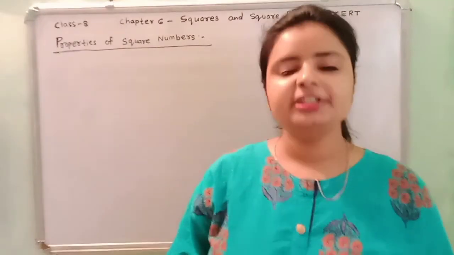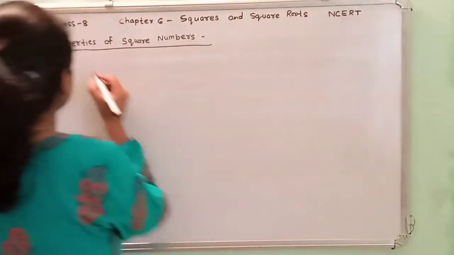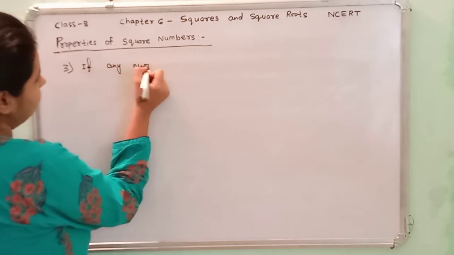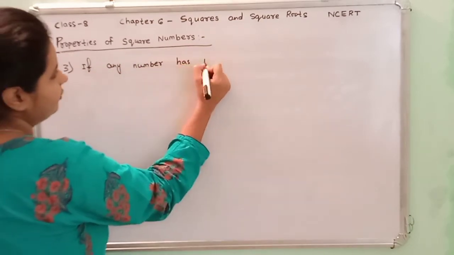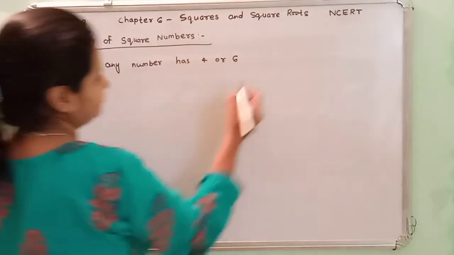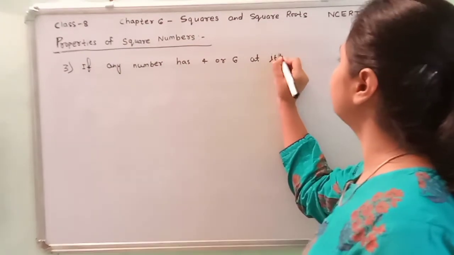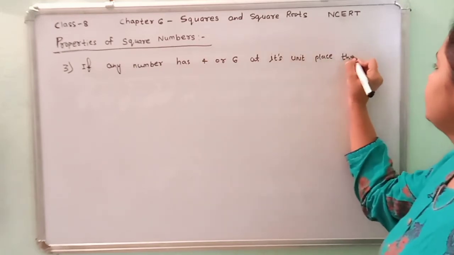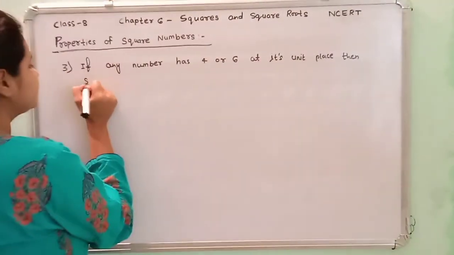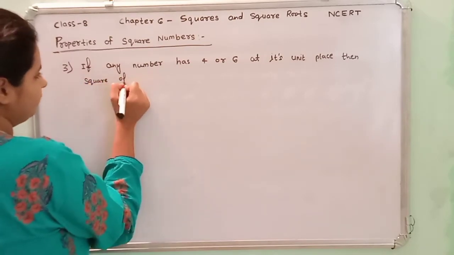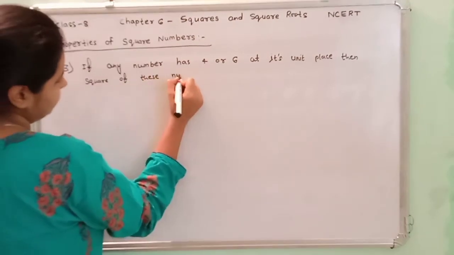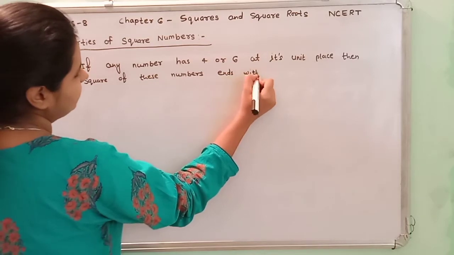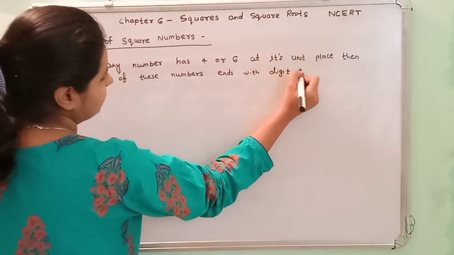Now we will talk about property number 3 of square numbers. So property number 3 is, if any number has 4 or 6 at its unit place, then square of these numbers ends with digit 6.